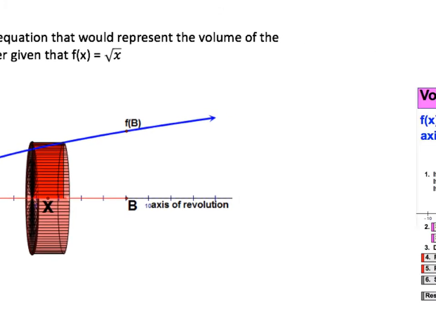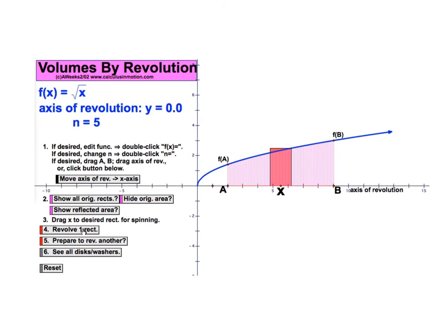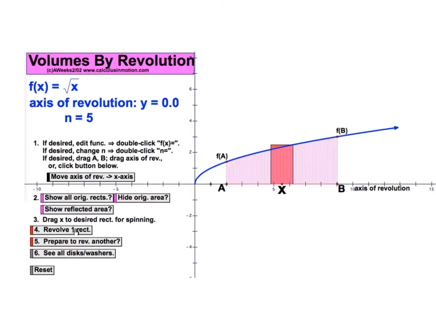So let me go ahead and quickly show you what I'm doing here. Let me play this little animation for you. And so what I can do is I can take this little rectangle and I can rotate this around the x-axis and actually revolve that around the x-axis.